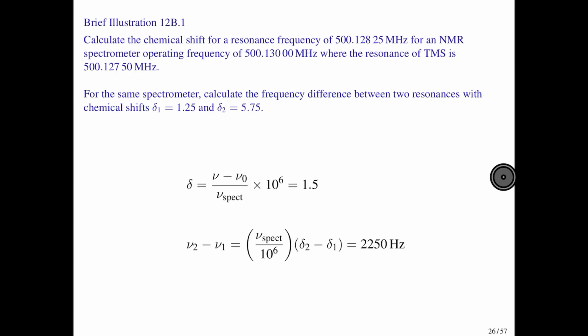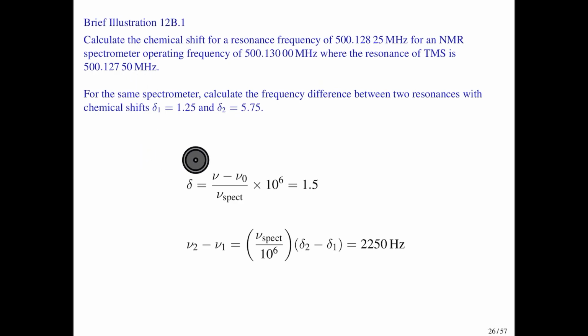In this illustration here, you're being asked to calculate the chemical shift for a resonance frequency of 500 megahertz and some change. You're given the operating frequency of the NMR, and then you're also given the NMR frequency of the TMS standard.